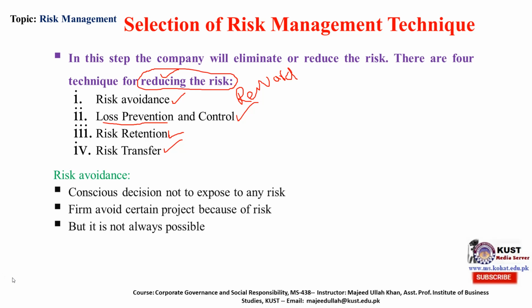Risk avoidance. What is risk avoidance? A conscious decision not to expose oneself to any risk. For example, not to invest in the stock exchange, not to undertake any project.